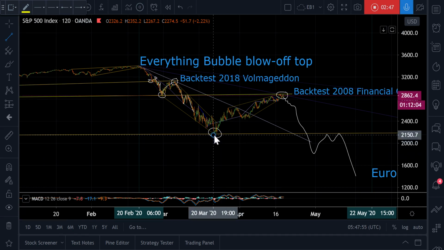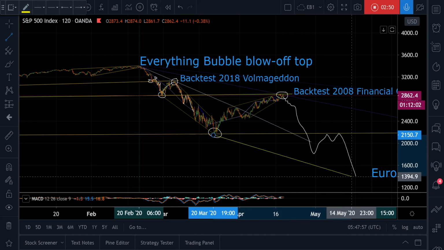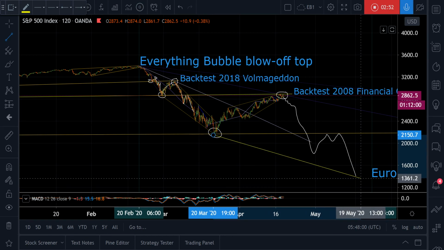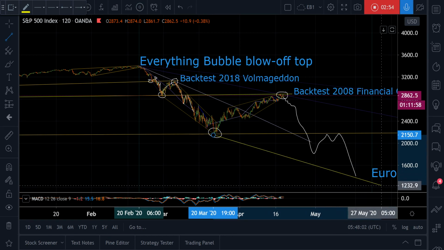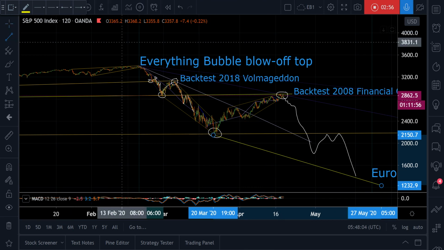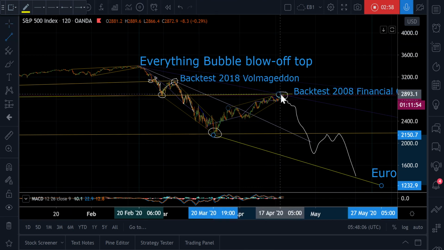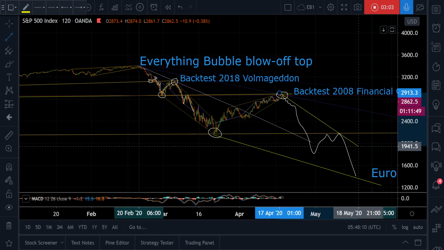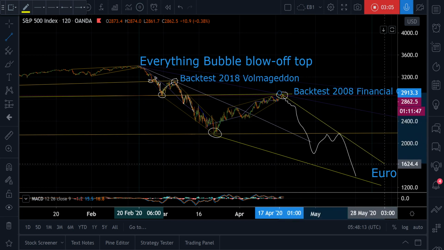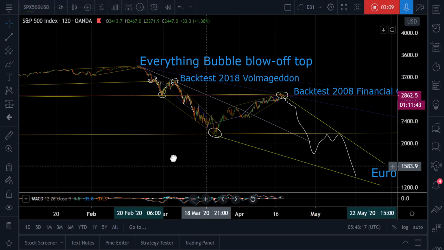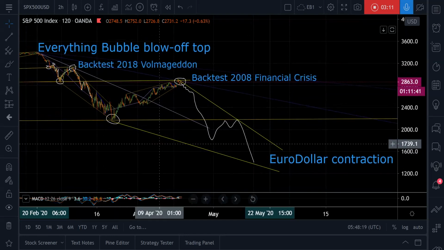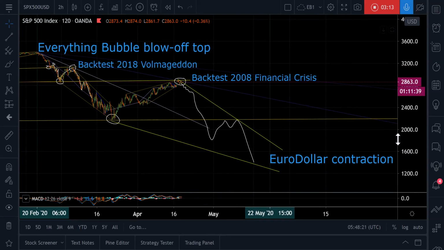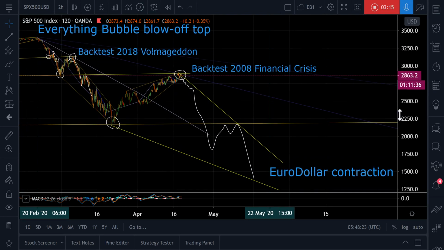Okay, so the consolidation zone would look something like this from here. And then from the corner, we would be painting an edge line here, and then this back test would also hit it. So we're looking at a zone like that. And that is what we are looking for over the next week and a half.